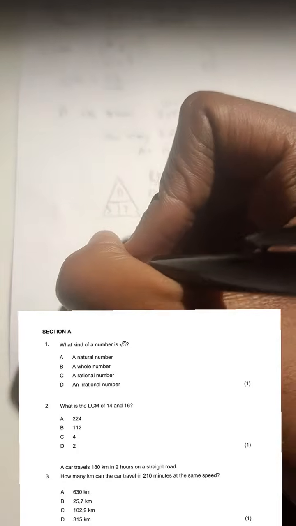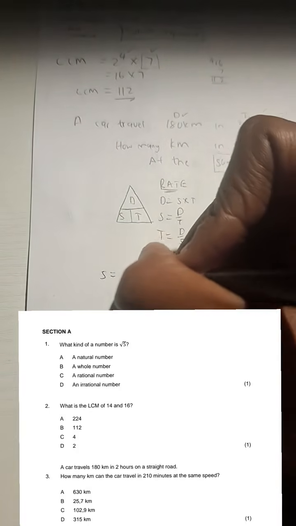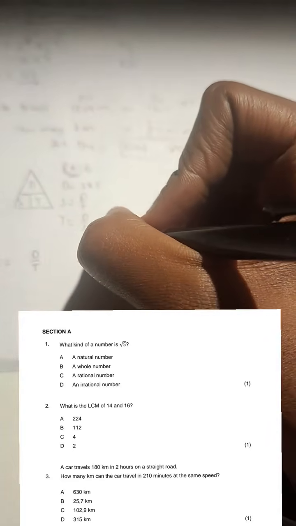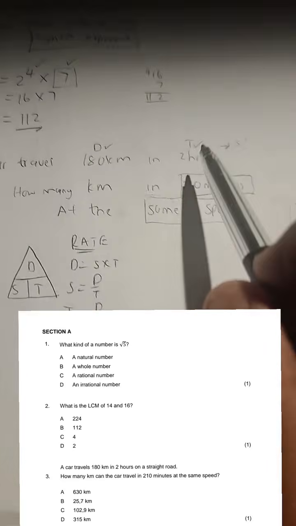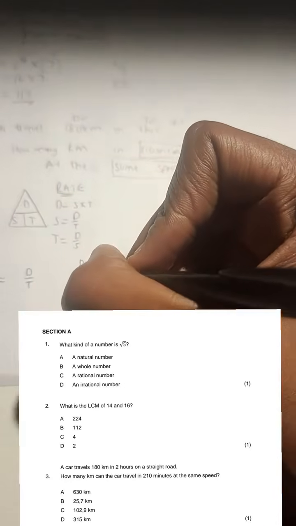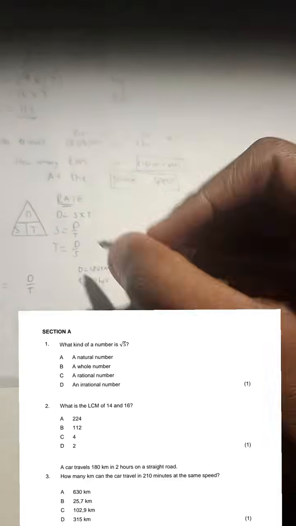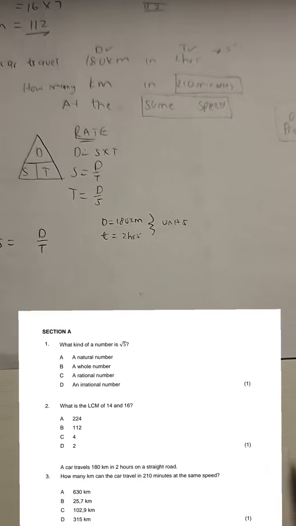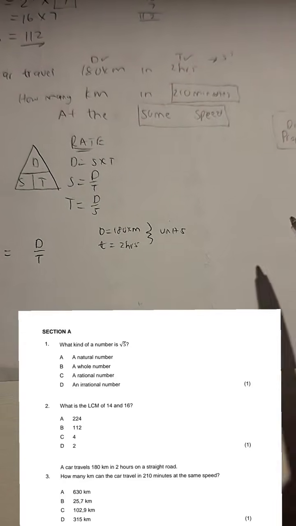So let's say S is equal to D over T. Do we have distance? Yes, it's 180 kilometers. Do we have time? Yes, it is 2 hours. Let's look at the units. Very important that the units complement each other.